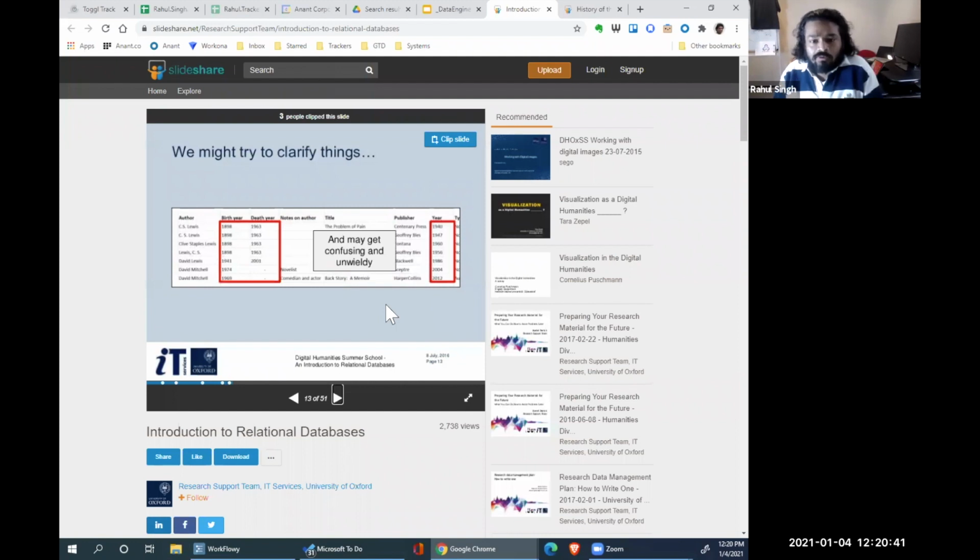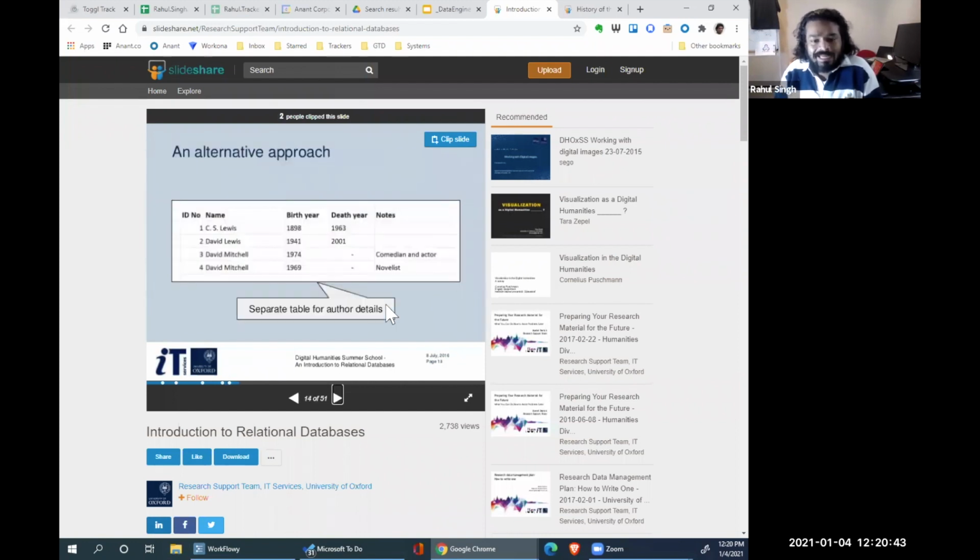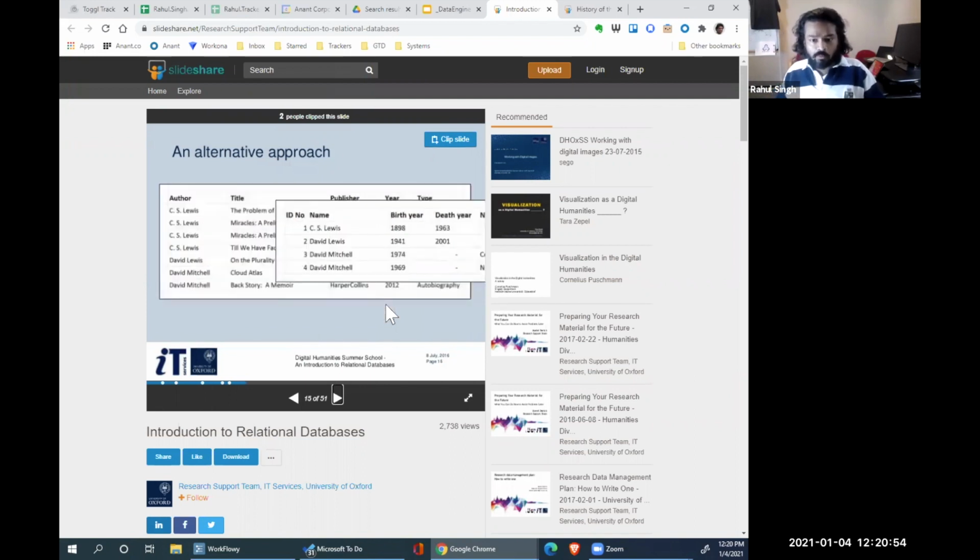What we do in relational databases is we take data and separate it out, we normalize information into its lowest common denominator, basically. We say, we're going to have a table for authors. In this case, for example, there are two people by the name of David Mitchell, and they have different birth dates.